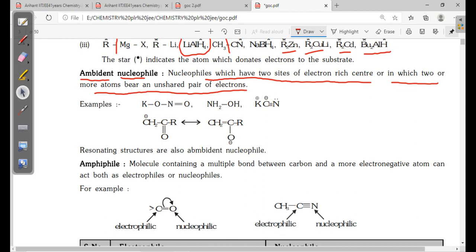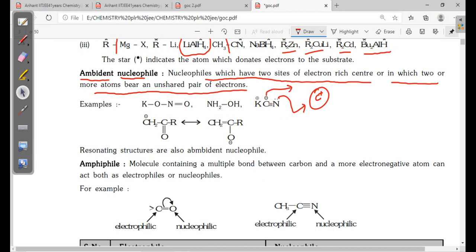So if you take KCN, C minus is there, so carbon can connect with electron deficient particles. Suppose C plus is there, carbon can form the bond, or nitrogen can also form the bond. So two donors are there, so these are ambident nucleophiles.